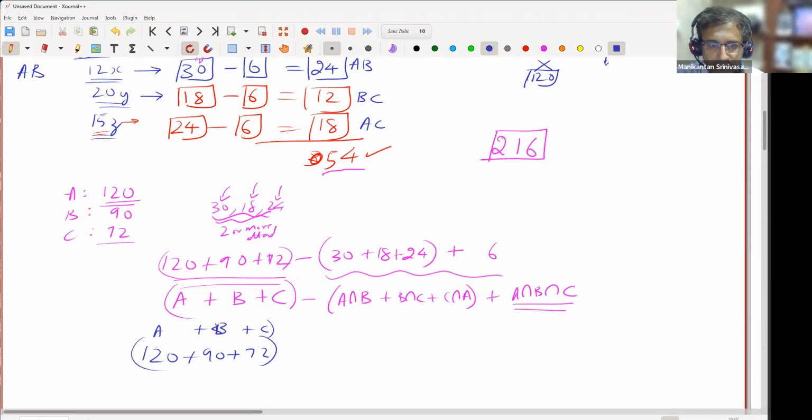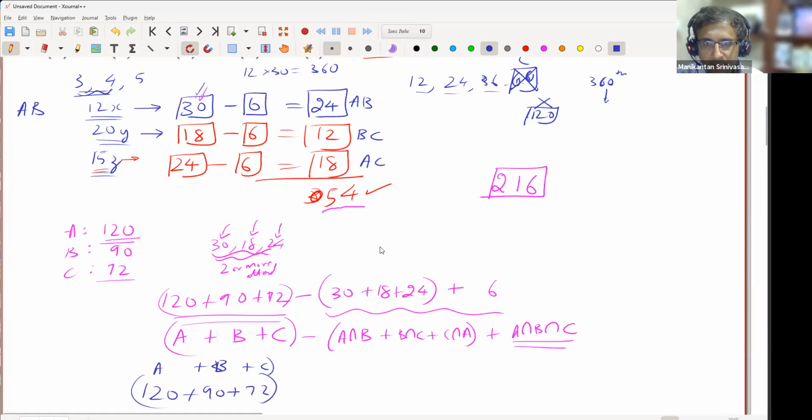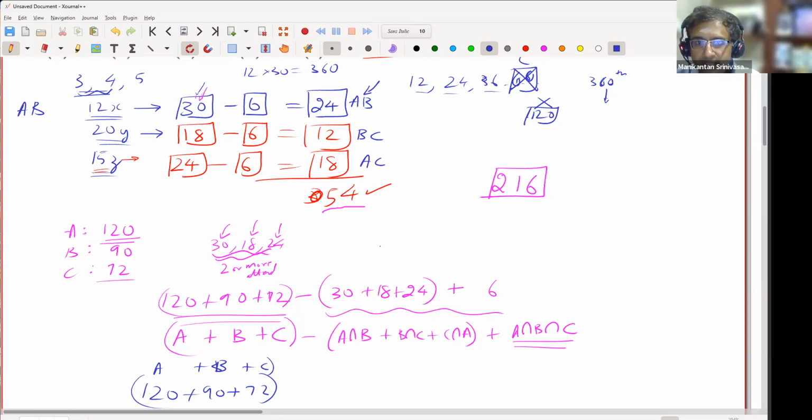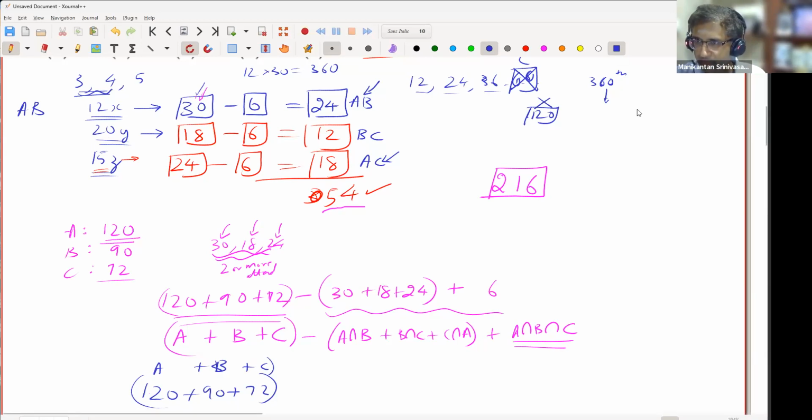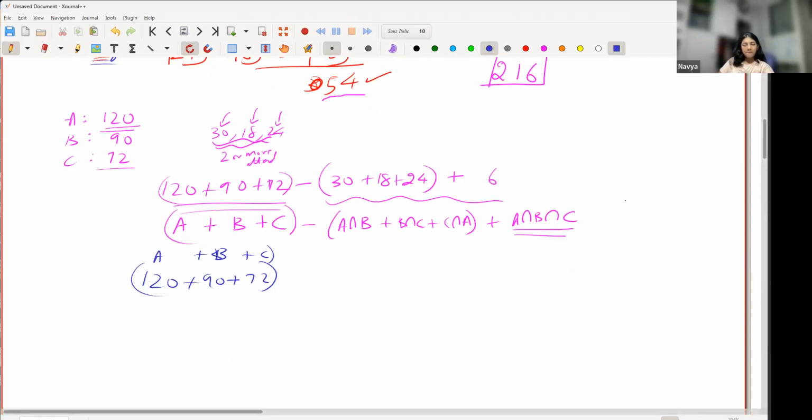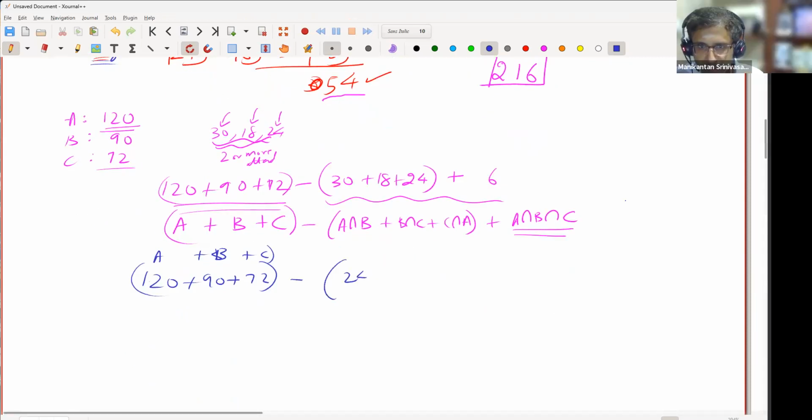In this 120 for A, I want to subtract those cases where A and B both attended and where A and C both attended, because I want only A to attend. So I'm subtracting 24 and 18. Are you with me, Navya? Yes.